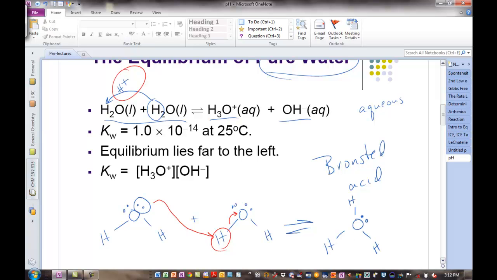The hydrogen has been stolen away by the one water molecule. The other water molecule wasn't completely ripped off; it got an extra pair of electrons. So this pair of electrons goes up on the oxygen.